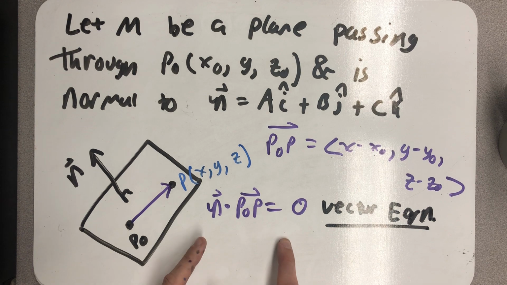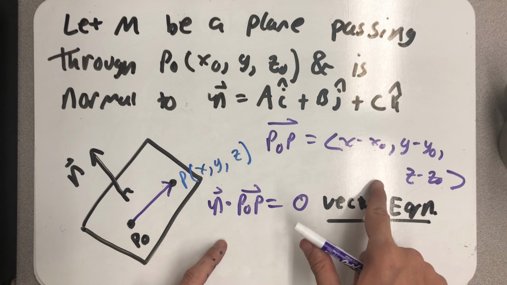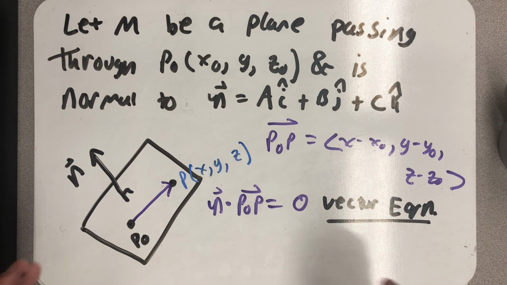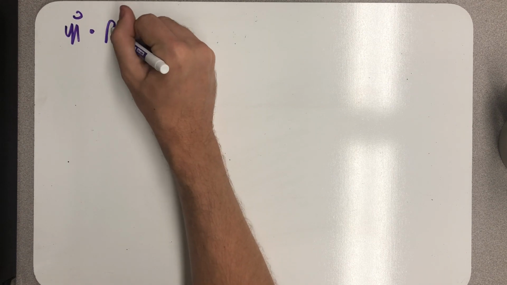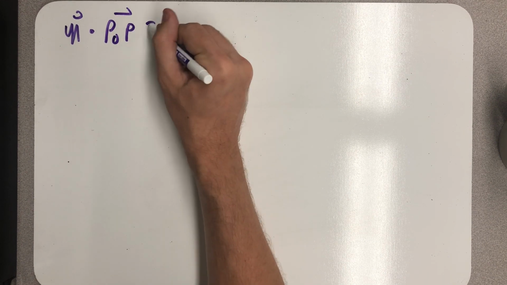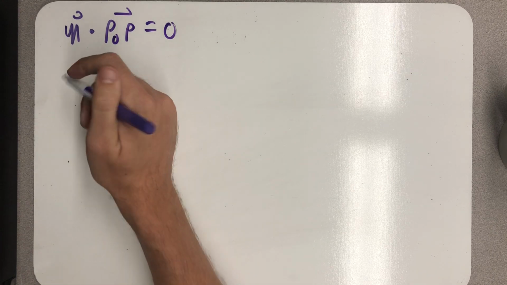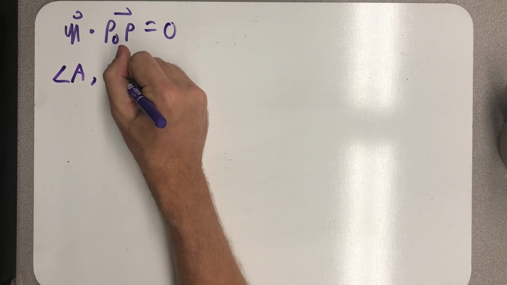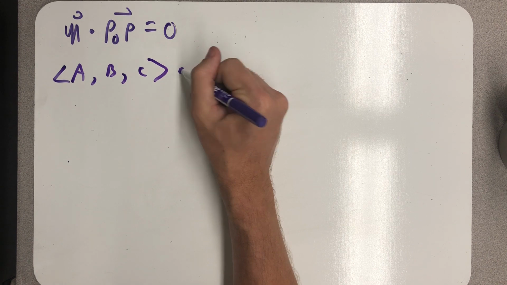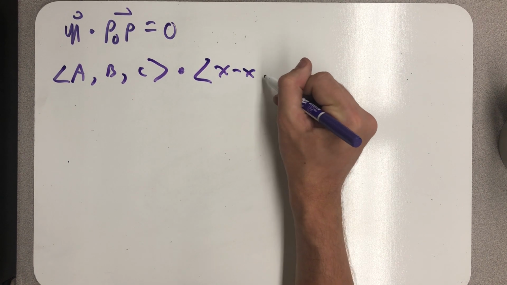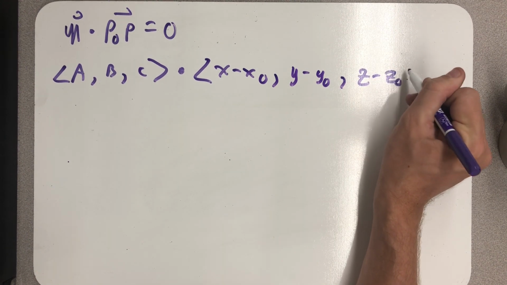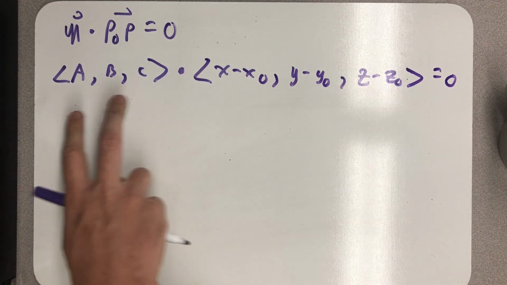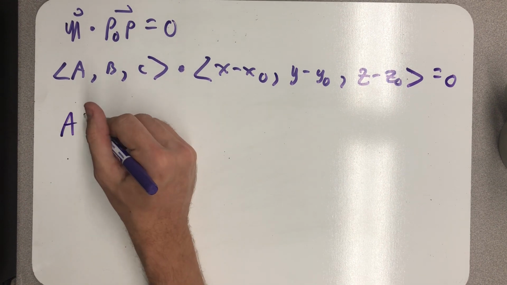What I want to do now is think about the dot product between this vector and that one and get a rectangular equation. All right, so vector n, well that was (A, B, C). We just wrote down that P naught P was (x minus x naught, y minus y naught, z minus z naught), still equal to 0, and I can write out this dot product.